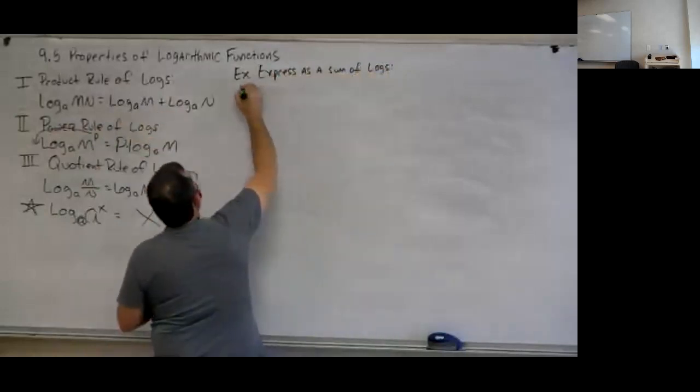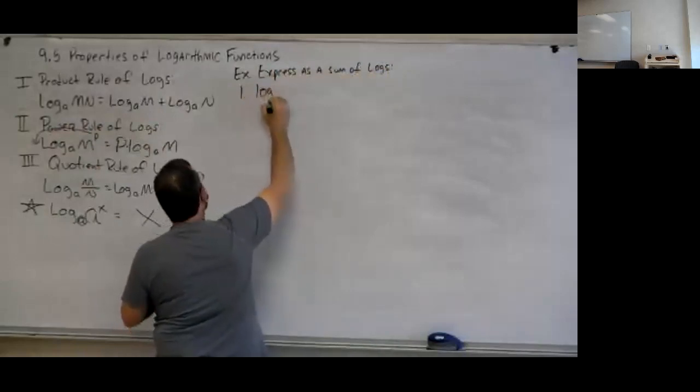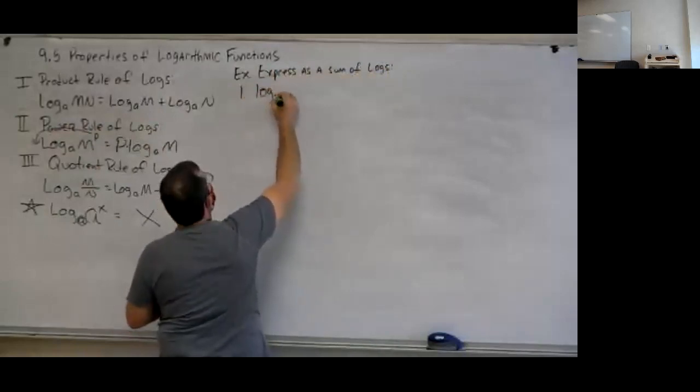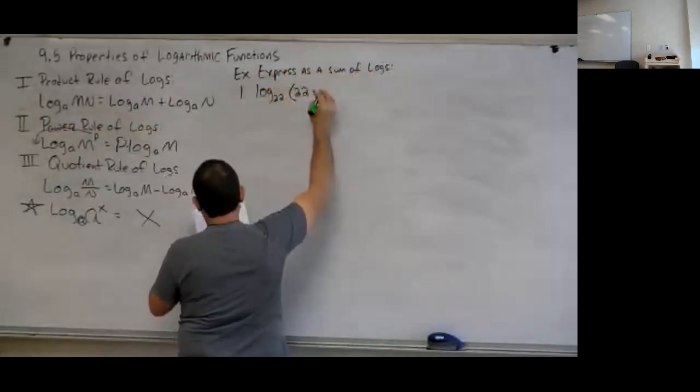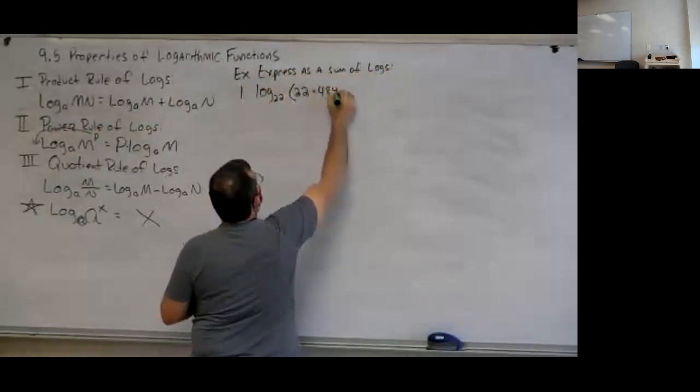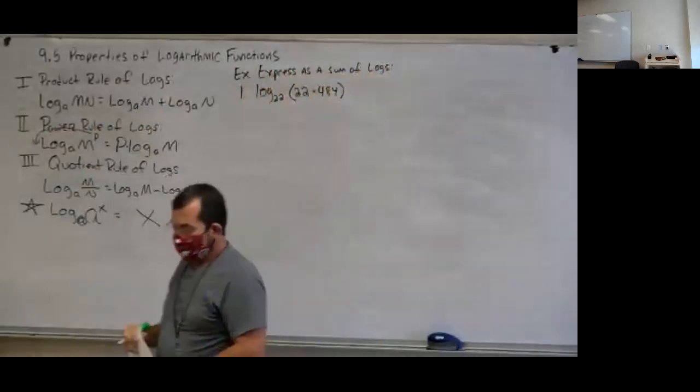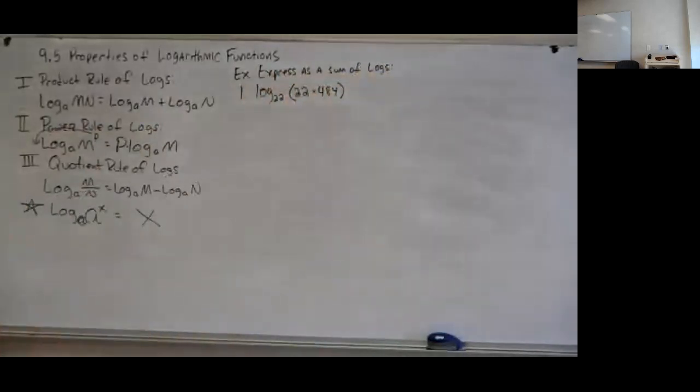So they're giving us, for number one, log base 22 of 22 times 484. So that's basically written like this, log 22, M and N would be the 22 times the 484. So all we're going to do is distribute that log 22 to both of those and rewrite it as an addition.